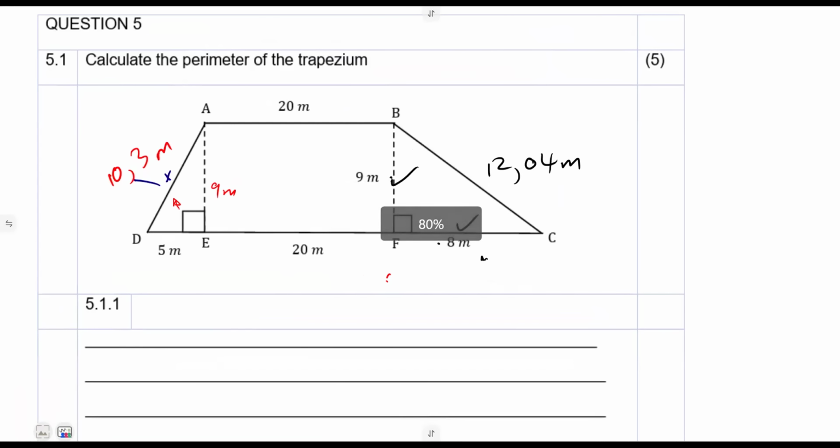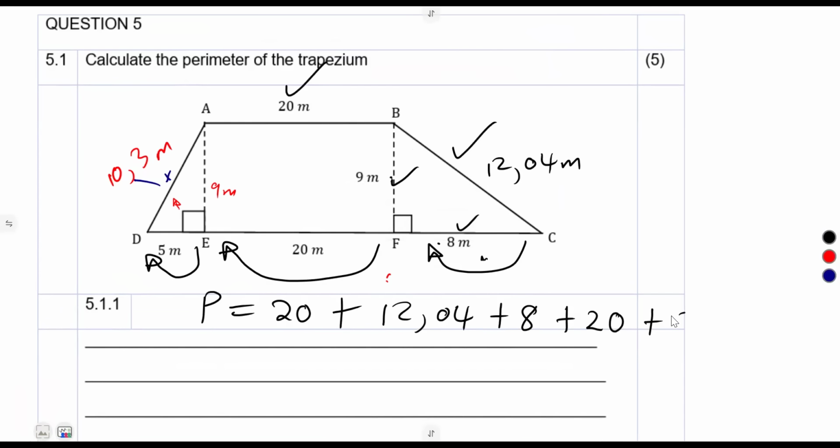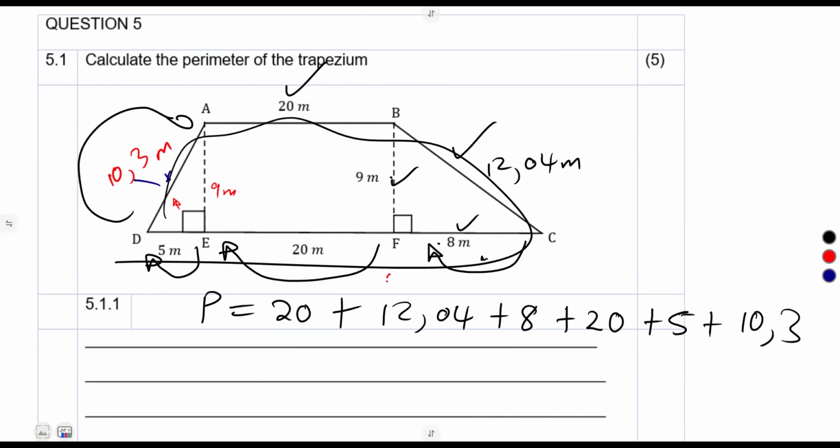So the perimeter of this shape, which is our trapezium, let's add from A to B, which is 20, plus B to C, which is 12.04, plus C to F, which is 8, plus F to E, which is 20, plus E to D, which is 5, plus D back to A, which is 10.3. That's the distance right around the shape.